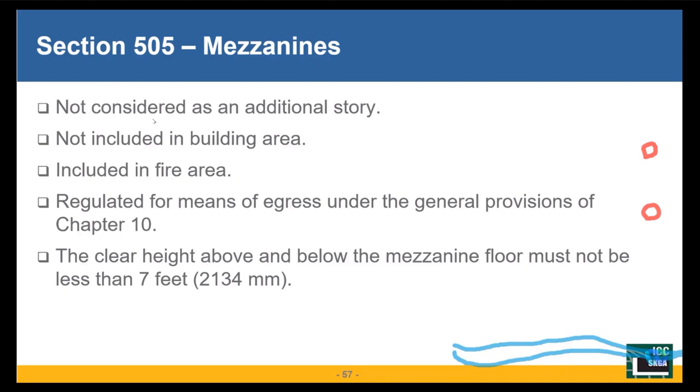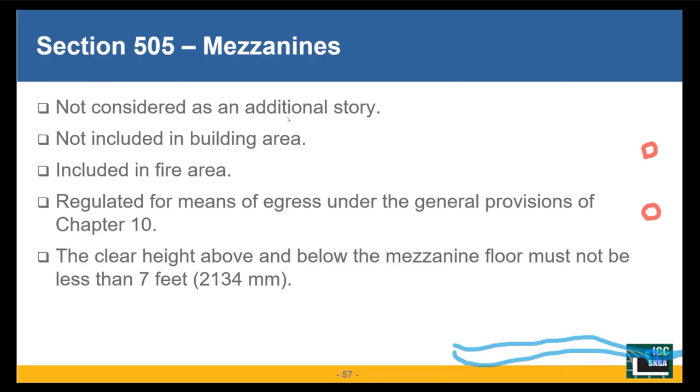The advantage is you can add additional area in the building, mostly in warehouses and industrial buildings, and that is not included in the maximum area that you're allowed, which is the area from the table, including any increases you apply, whether it's sprinklers, frontage increases, and so forth.